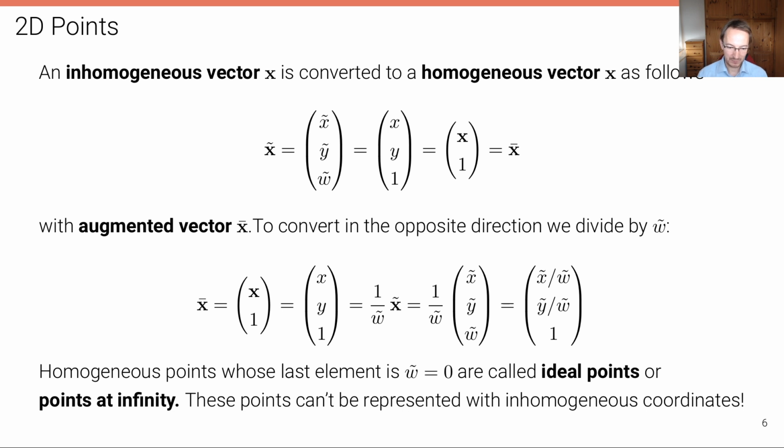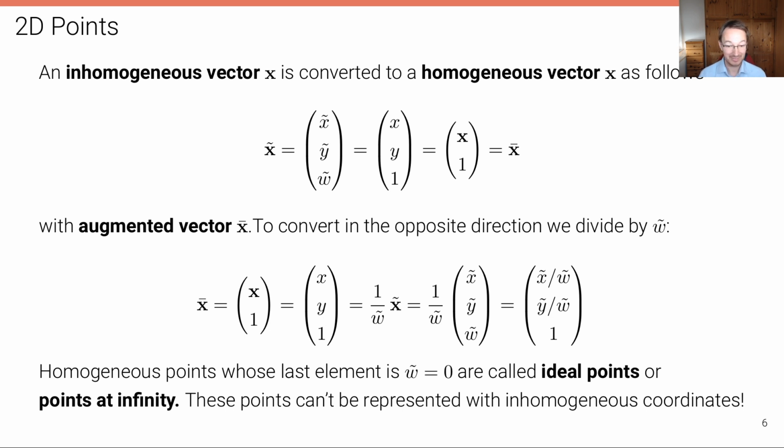There's one special homogeneous vector that has a special meaning, and that's the homogeneous vector where the last element w tilde is equal to 0. And such points are called ideal points or points at infinity. And these points can of course not be represented with inhomogeneous coordinates, because if we have w tilde equal to 0, we would have to divide by 0 here, which would lead to infinity for the x and the y component of the inhomogeneous parts.